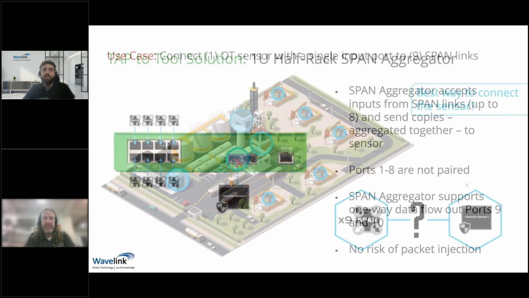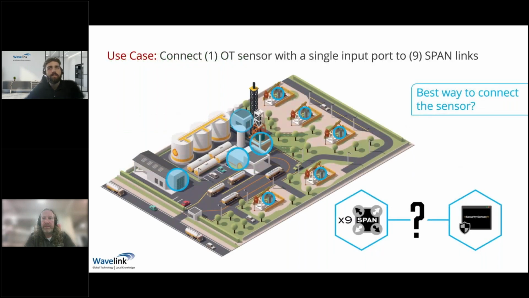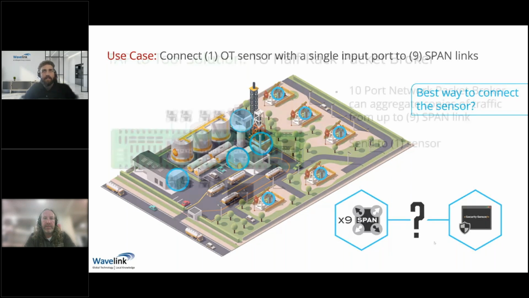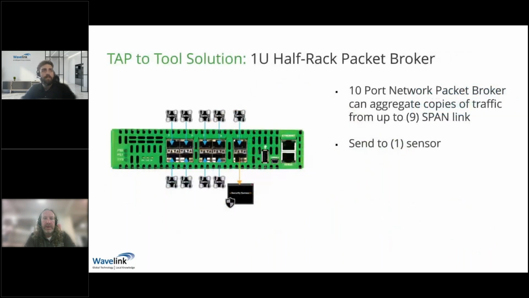I think we'll go through one more use case as well, since they paint a picture of how these aggregators actually really benefit. Connecting one OT sensor with a single input port to 9 span links this time. Yeah, so this is moving up in speeds here. The first solution was showing 1 gig.